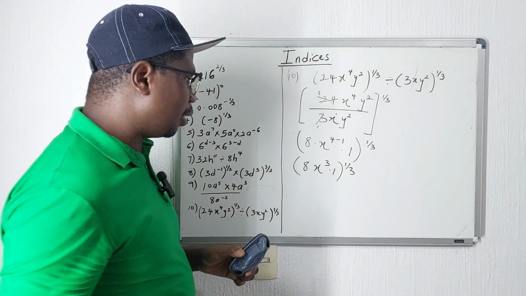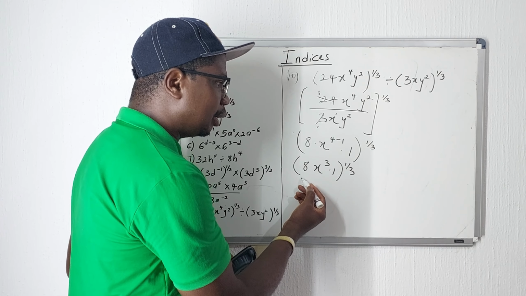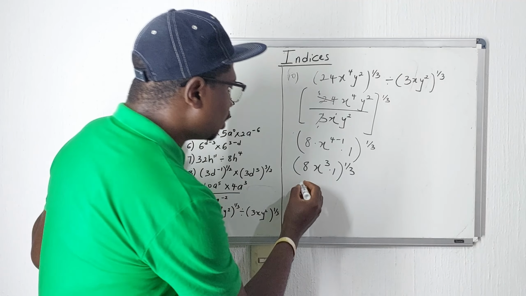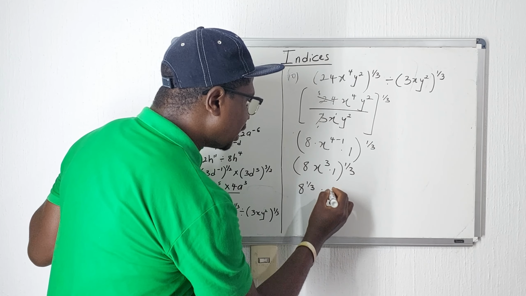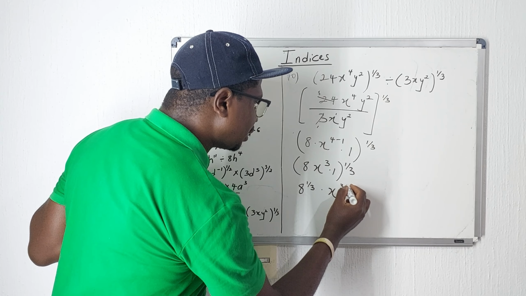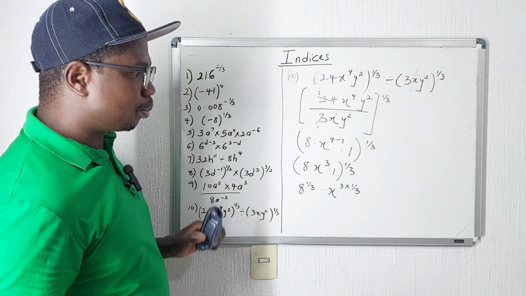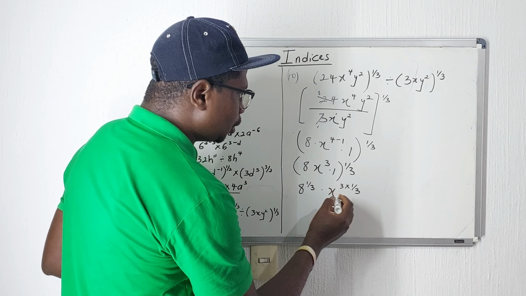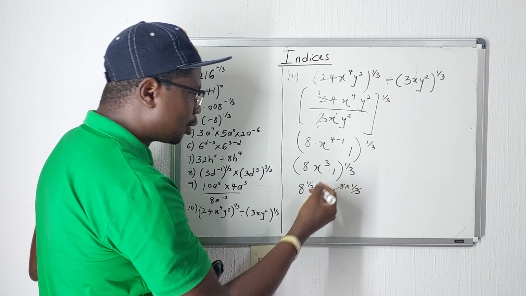As I explained earlier, this power here affects both this and this. So we can say 8 to the 1 over 3 times x^3 to the 1 over 3. So we can multiply the powers, and this can cancel out.